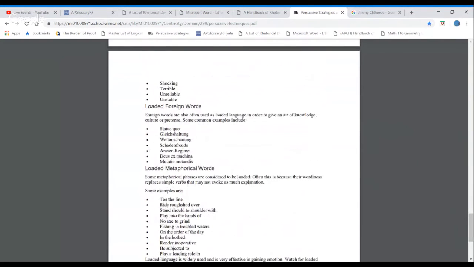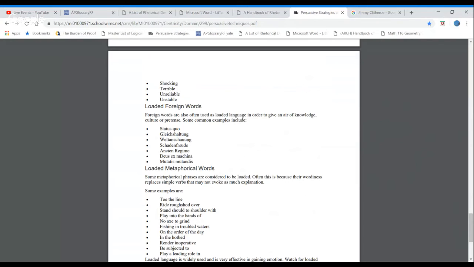Loaded foreign words. Foreign words are also often used as loaded language in order to give an air of knowledge, culture, or pretense. Some common examples include status quo, Gleichschaltung, whatever that means. I don't know because I don't speak foreign languages.